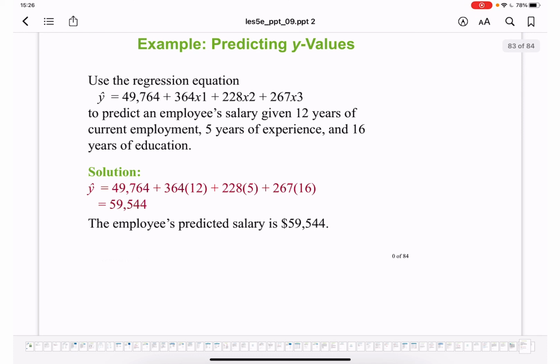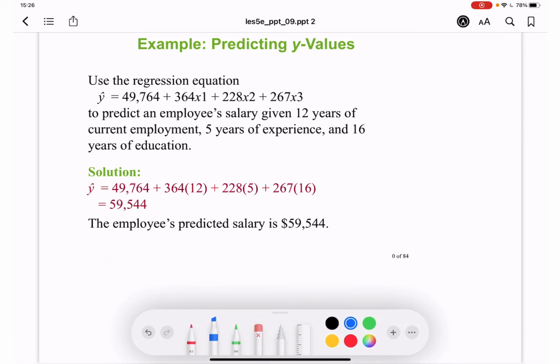We have a regression equation here, and we need to predict employee salary given 12 years of current employment, 5 years of experience, and 16 years of education. So that's exactly what we're going to do. Instead of X1, we plug in 12. Instead of X2, experience years, plug in 5, and instead of years of education, plug in 16. Multiply, sum, and we get 59,544.